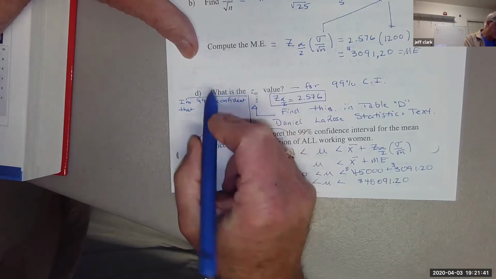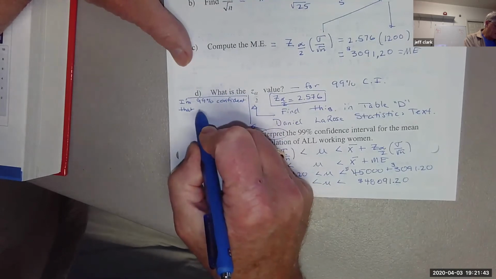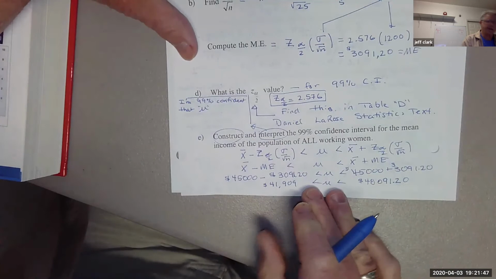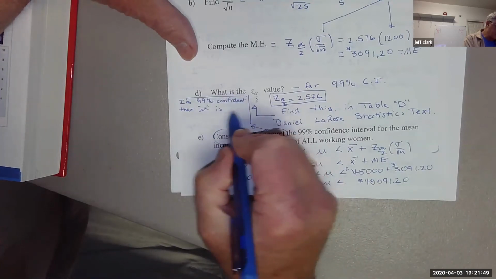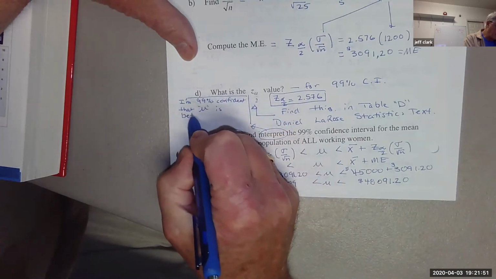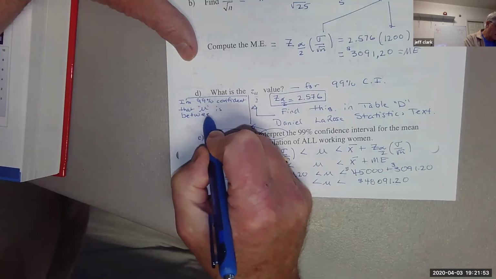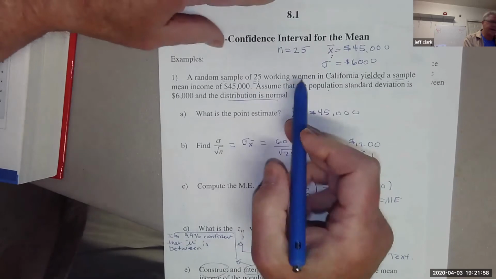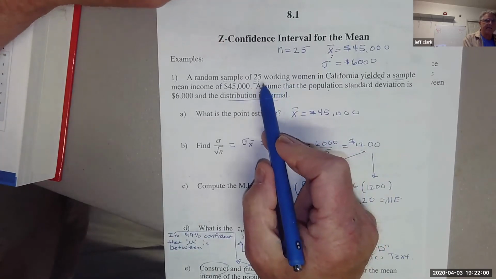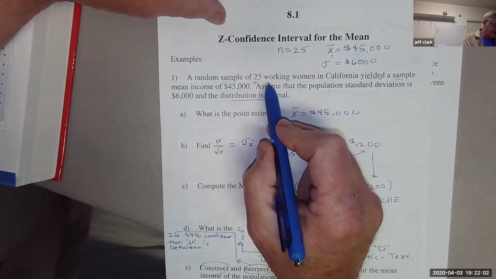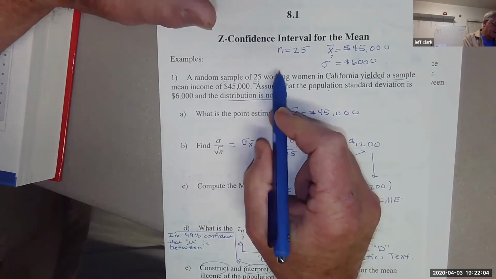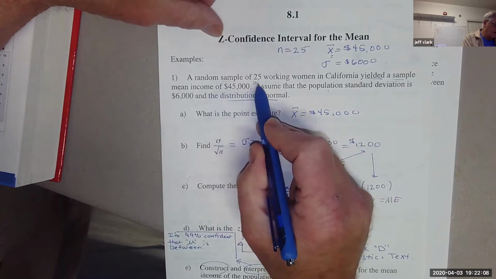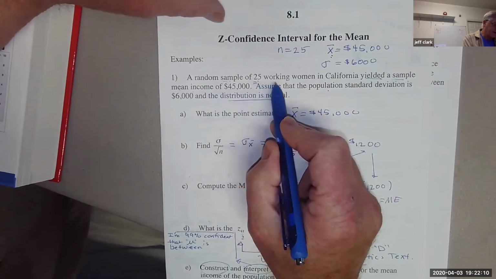that mu, and mu is the population average, is between, and what's mu? In wordy wise, you would end up saying the population average, the average income of all working women in California.